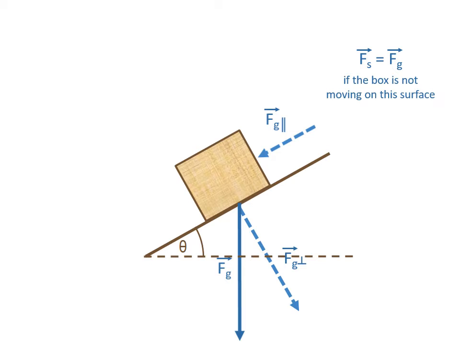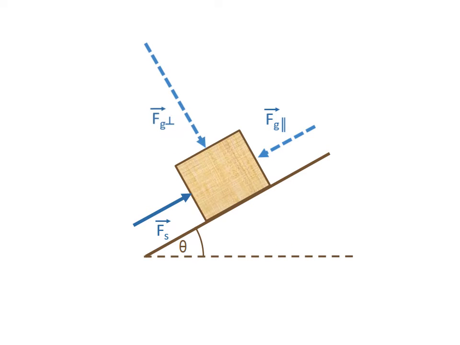The parallel force of gravity is equal to the static force of friction if that box is not moving. And the perpendicular force of gravity is equal and opposite to the normal force. The box is not moving because all these forces cancel each other out.